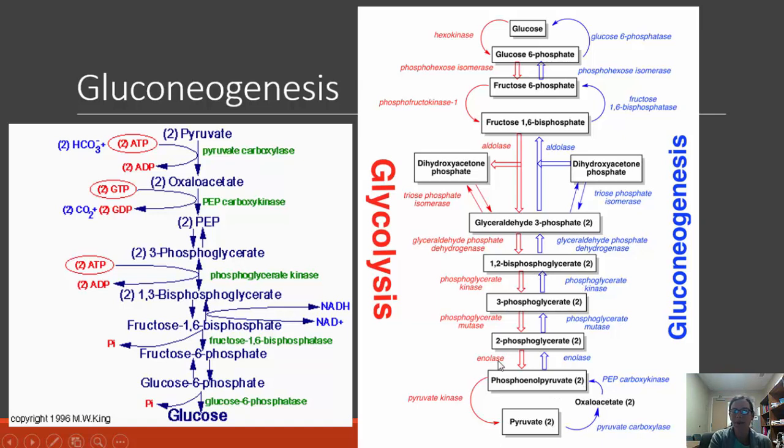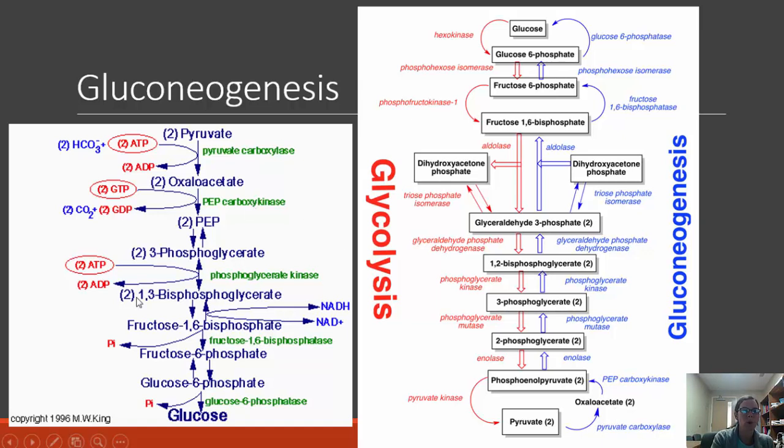So we're taking pyruvate as our main substrate, and we are then powering the reaction in the opposite way so that we can produce glucose. And one thing to note here is that pyruvate does need to combine with oxaloacetate to get back to PEP. Here it's showing how these two processes are the opposite of each other.